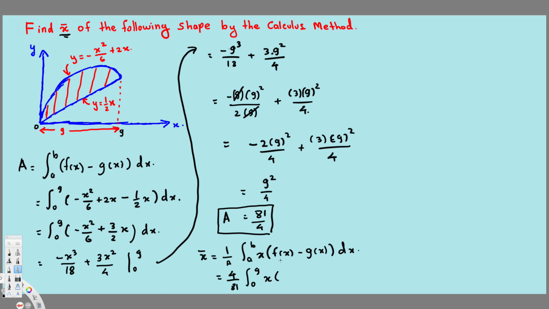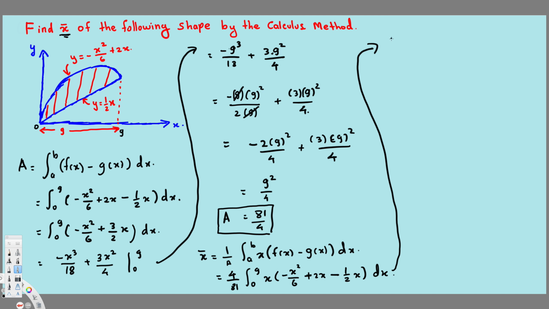x times the top function, negative x squared divided by 6 plus 2x, minus half x, dx. So let's continue right here.